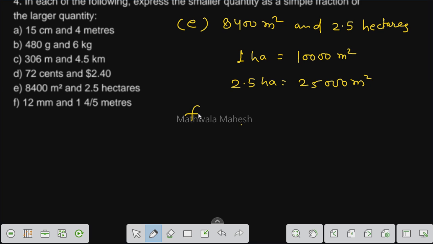Okay, now the fraction is smaller upon larger. Smaller one is 8400, larger one is 25,000.